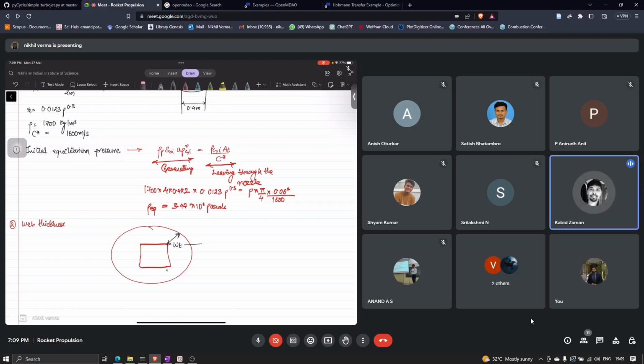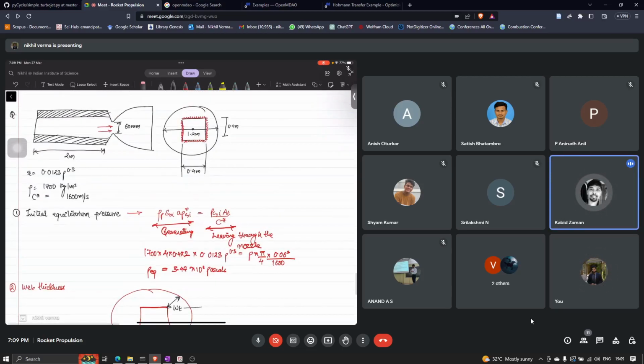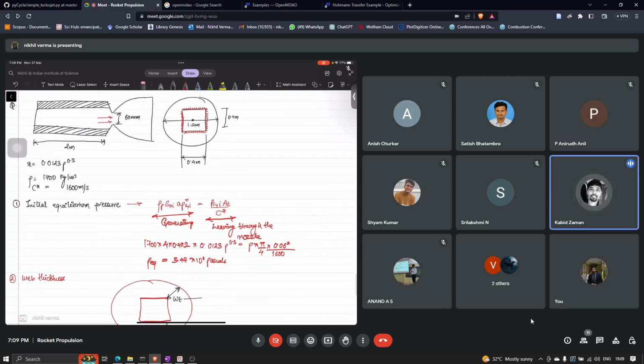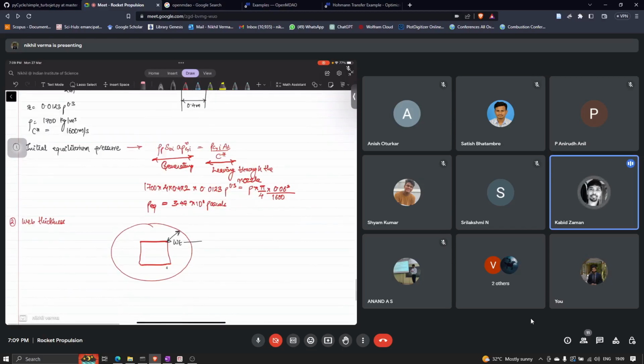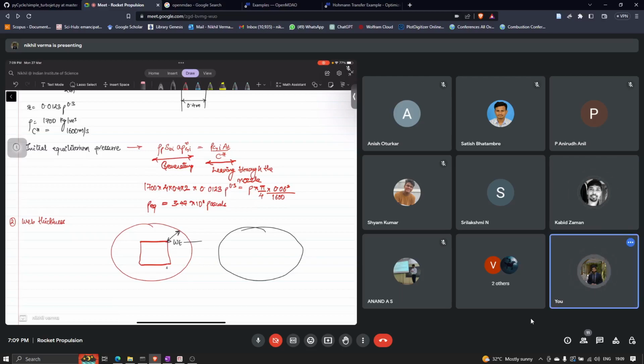I have one question related to this one. In the last assignment, the web thickness was given as twice of this number. Isn't it wrong? In the assignment question, the port is of circular cross section, radial burning solid rocket.